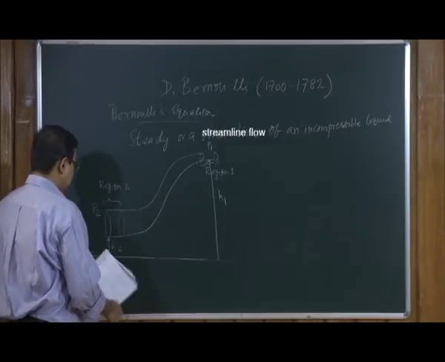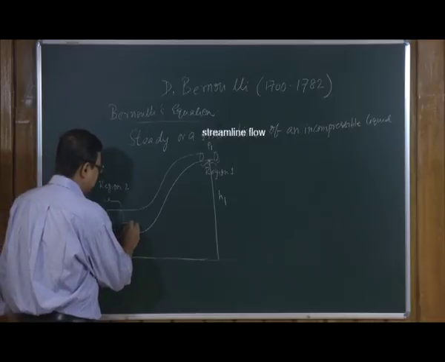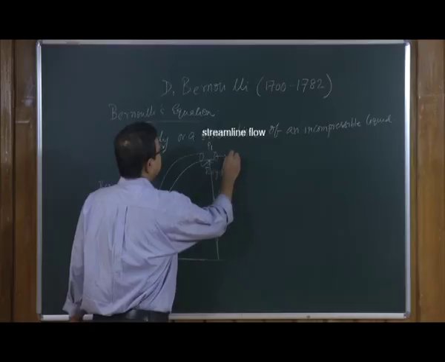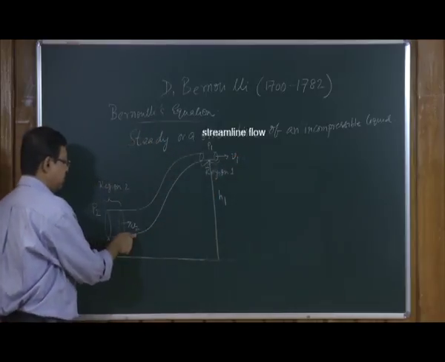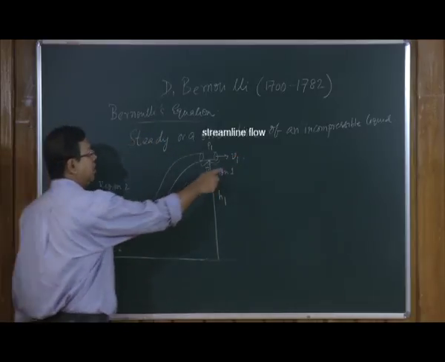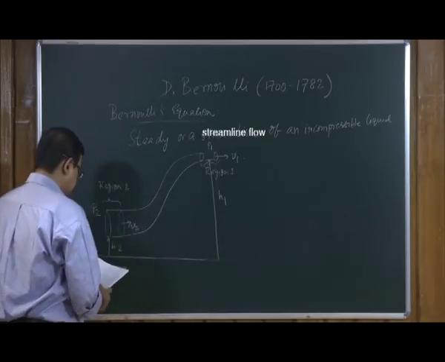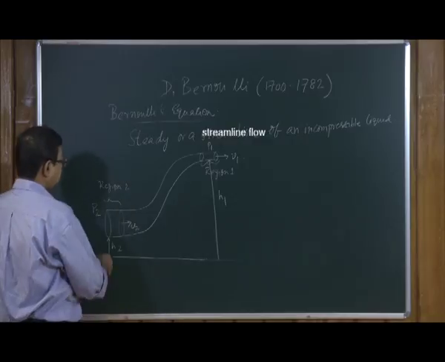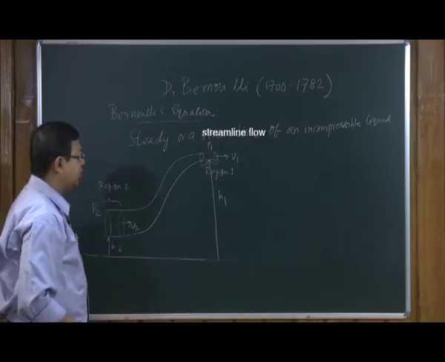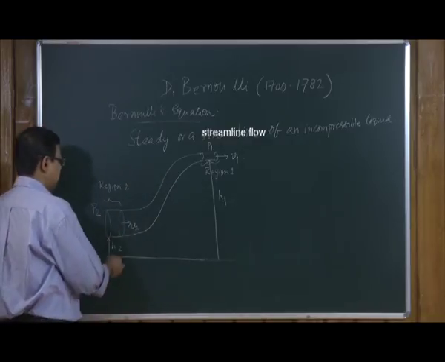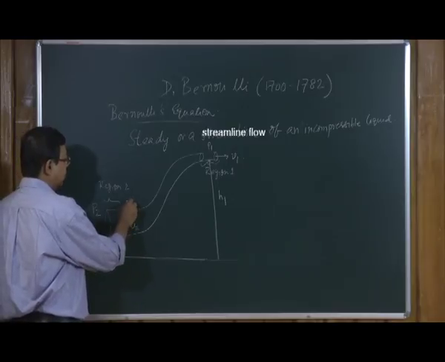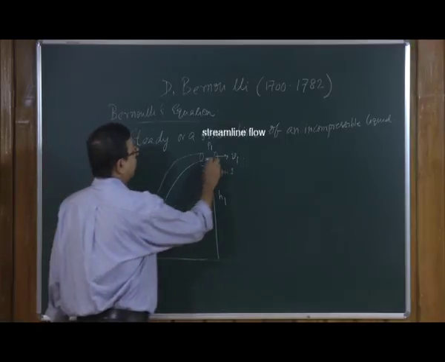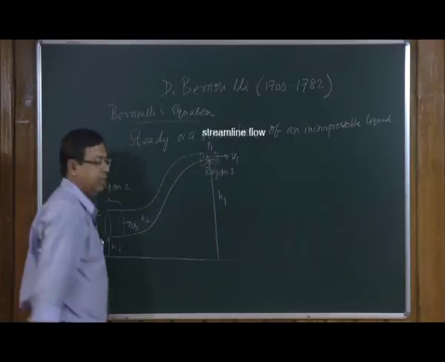The fluid is moving upstream. The velocity of flow is in this direction here and in this direction here, which are respectively V2 in region 2 and V1 in region 1. The areas of cross section are different: A2 here and A1 here.